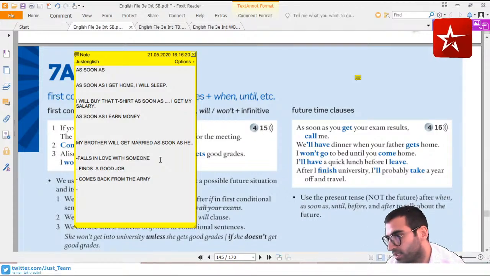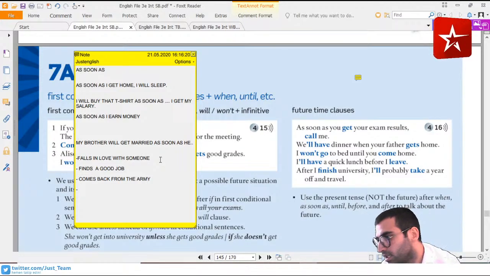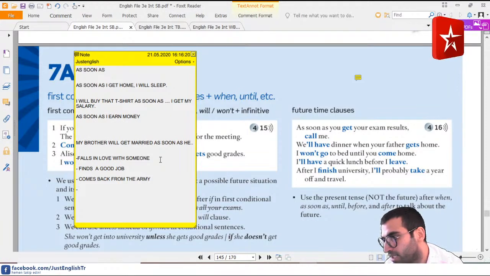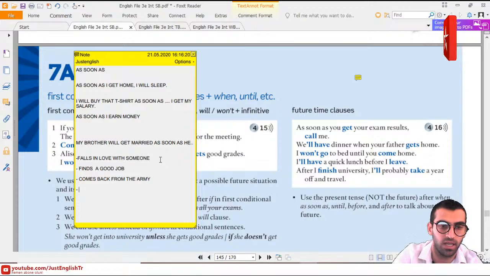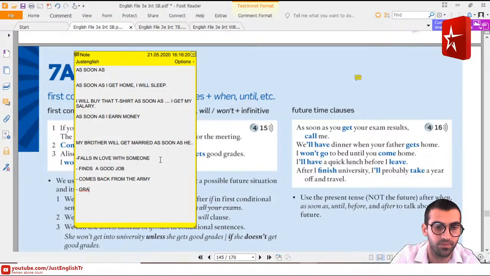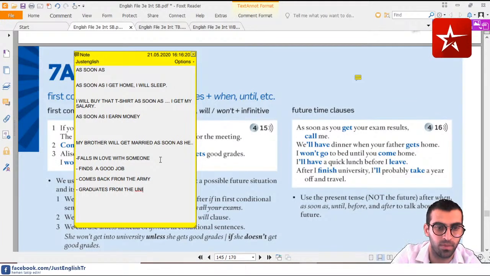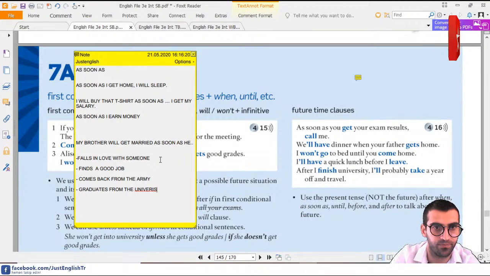And next one from Minever, my brother will get married as soon as he graduates from the university. From the university is a correct answer.